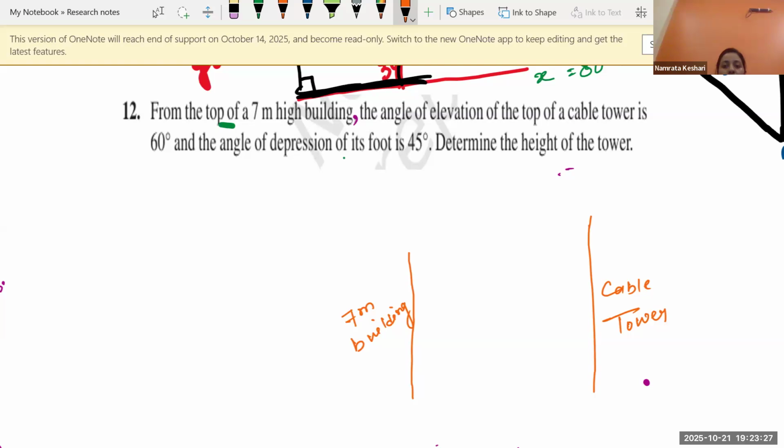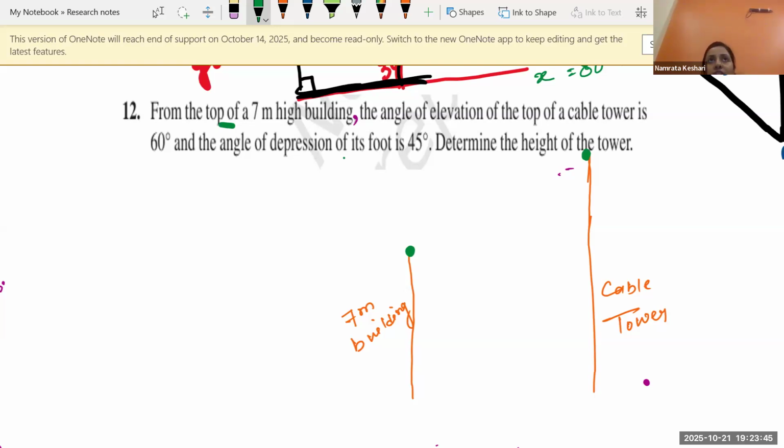Okay, so then cable tower must be bigger, right? Then only from this top to this top you will be getting angle of elevation going up and up. Yes or no? Yes. Okay, then how will be getting angle of elevation?